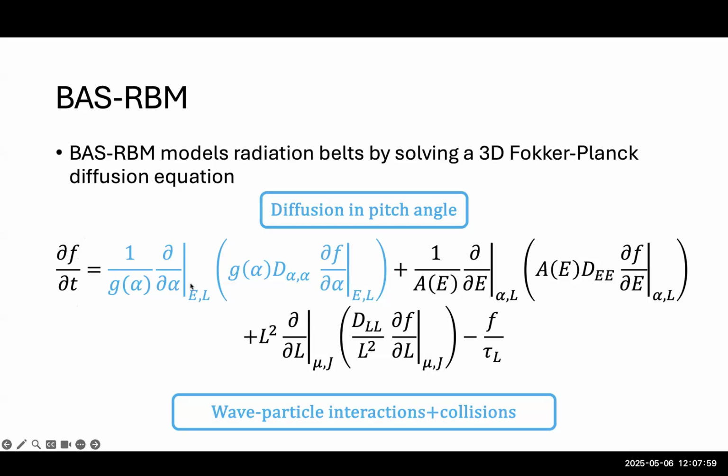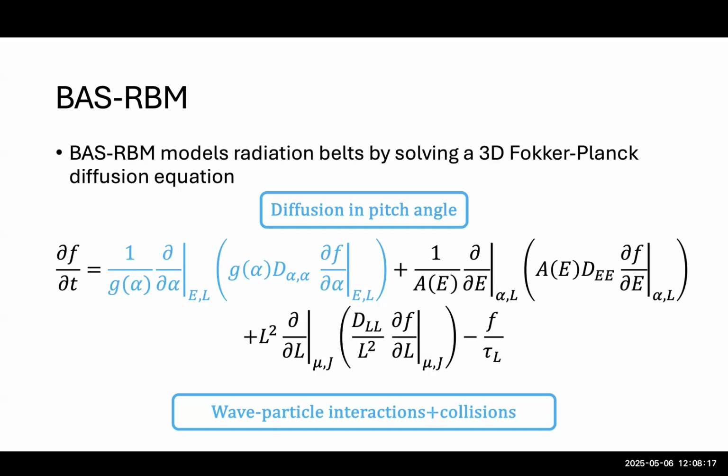Each of these terms represents a quantity. The first term is the diffusion in pitch angle. Pitch angle, for those that don't know, is the angle of the particle's motion against the magnetic field.